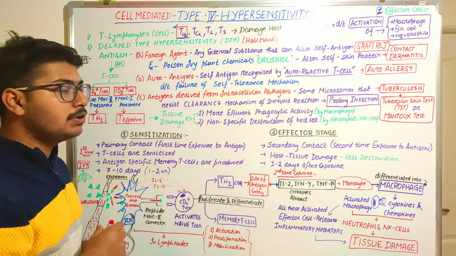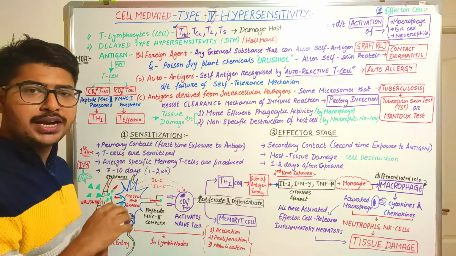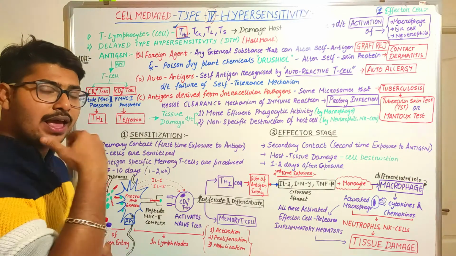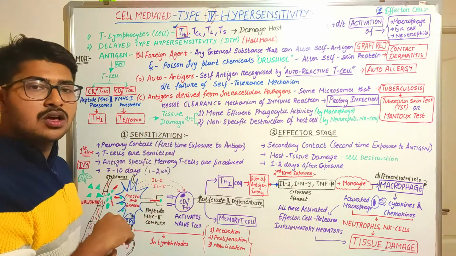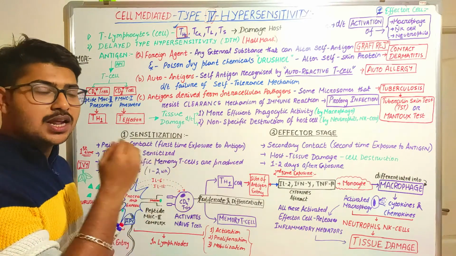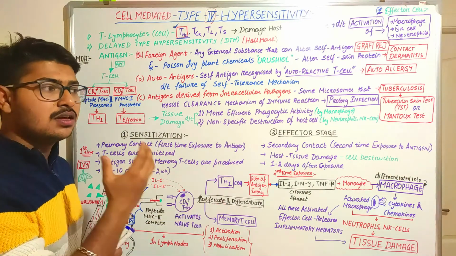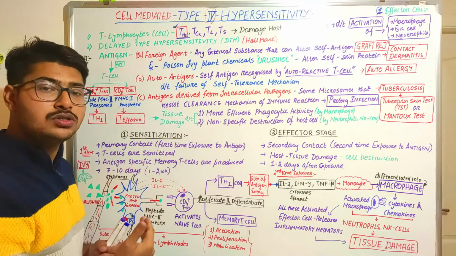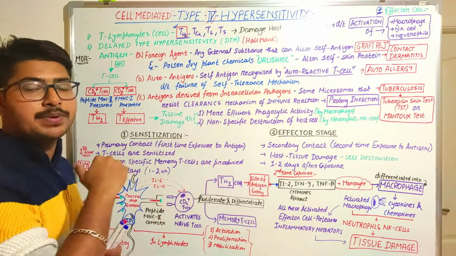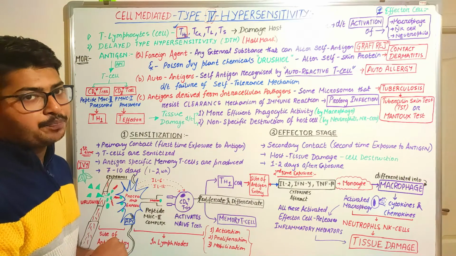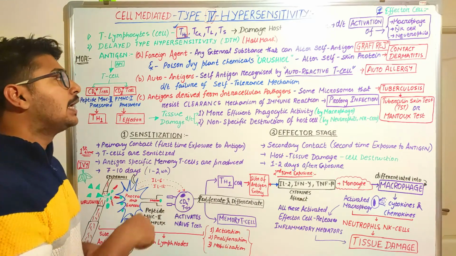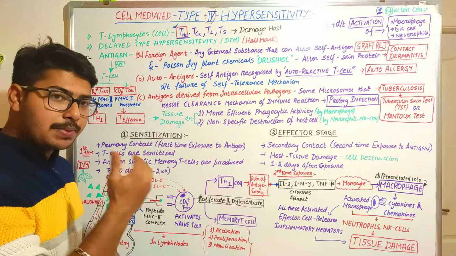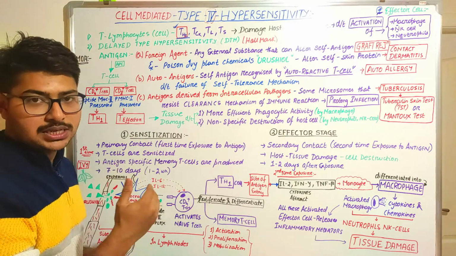Let's say for example, when we are grafting or transplanting an organ, what happens? The host cells present in the organ or tissue will act as an antigen, and that can produce a delayed type of hypersensitivity reaction in our body. Another example is the ivy poisoning plant.